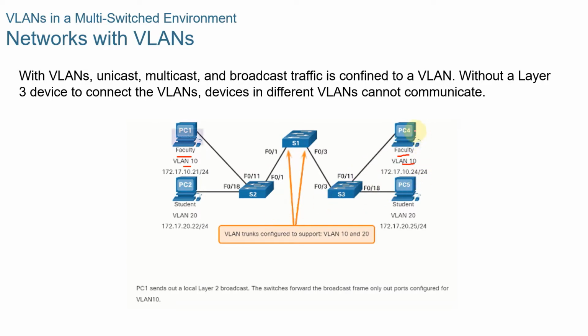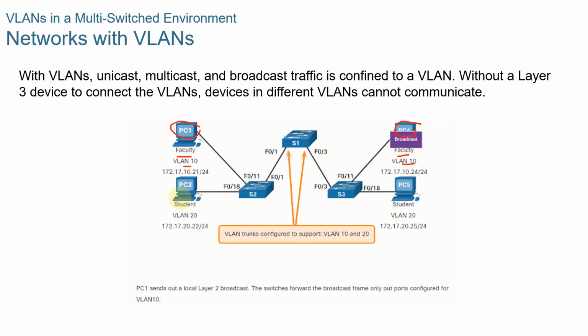In that case, that's between PC4 and PC1 only. So the traffic will not be forwarded by the switch on the other VLAN, in this case VLAN 20, which are PC2 and PC5, the student VLAN.